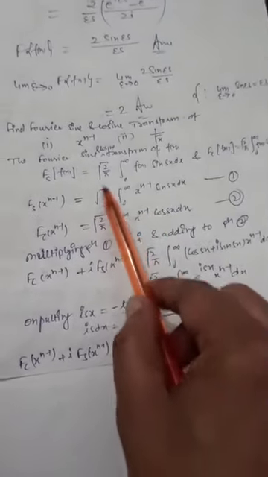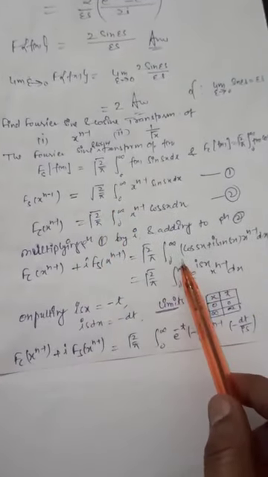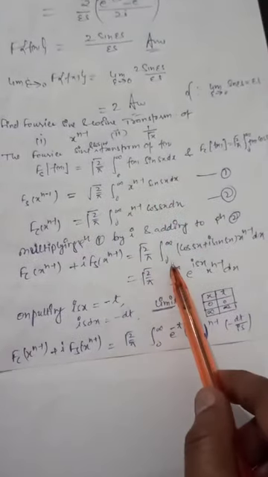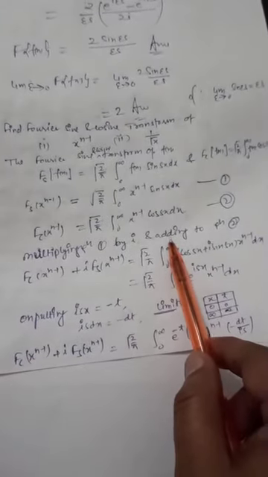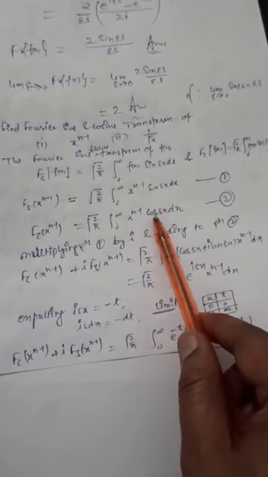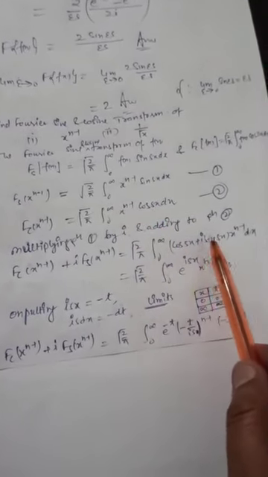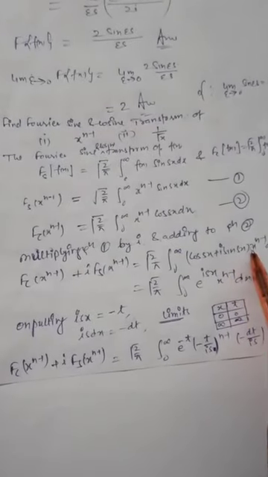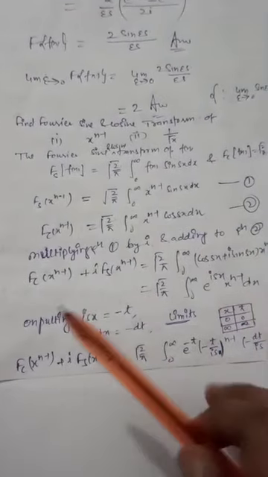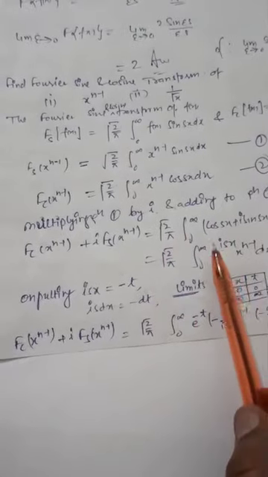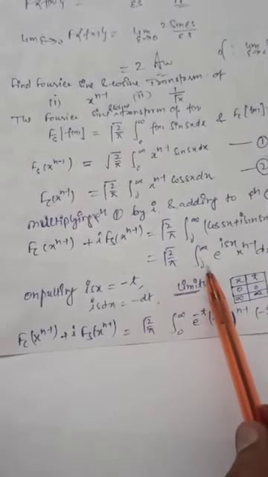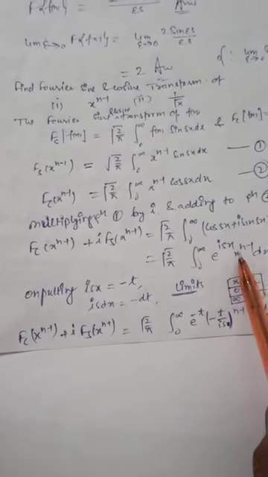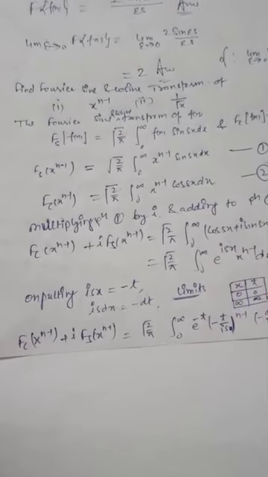Under root 2 upon pi is common in both cases, and the limits of the integrals of both equations are the same, so you can take it common, 0 to infinity. So cos sx plus iota sin sx, with x^(n-1) common, dx. This can be written in this form: under root 2 upon pi, integral from 0 to infinity of e^(iota sx) x^(n-1) dx.